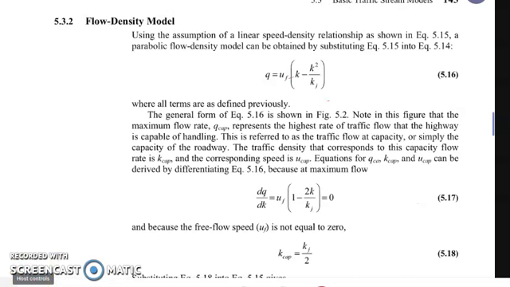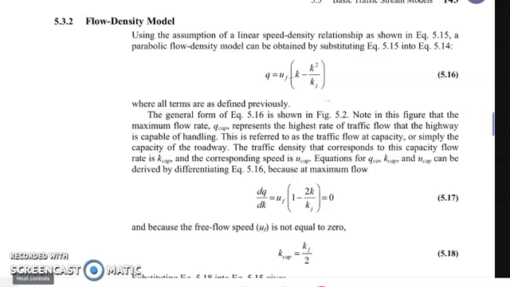So we move on to the flow density model. For this one, we have a parabolic density model that can be obtained by substituting the equations. Then we obtain this equation: q is equal to u sub f multiplied by k minus k squared over k sub j.